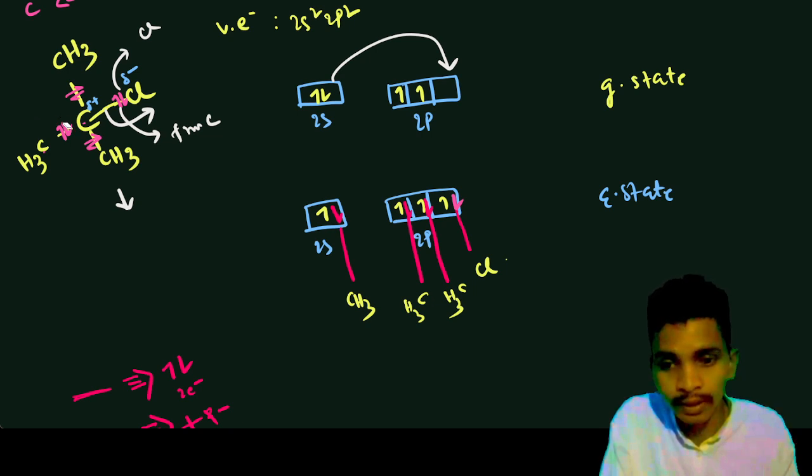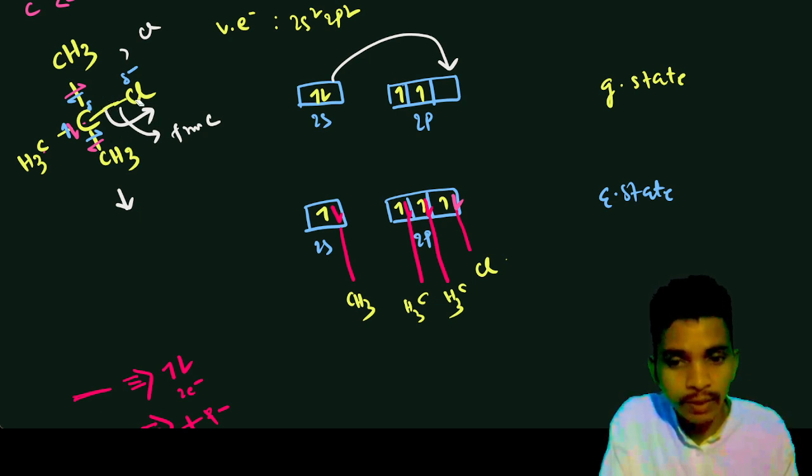Or I can write here, let's say this is the atom of chlorine, and these are the atoms of carbon, so this is CH3, for this carbon.